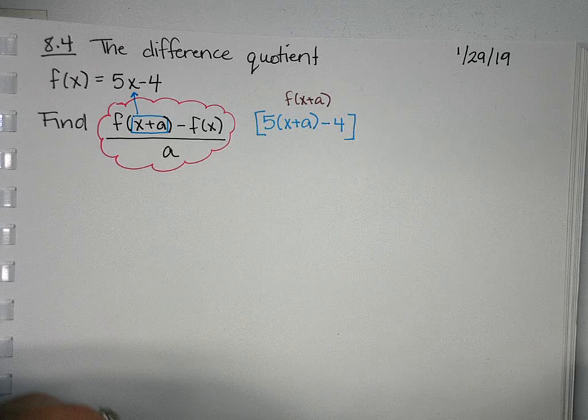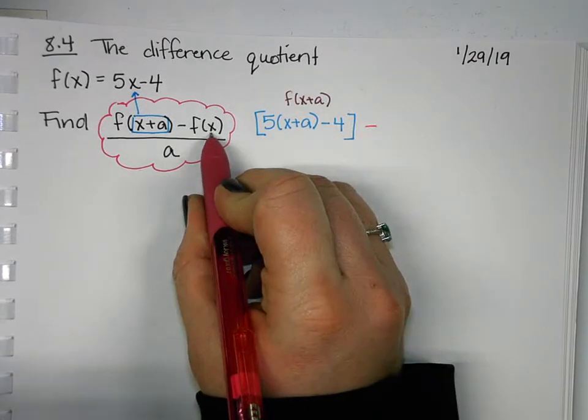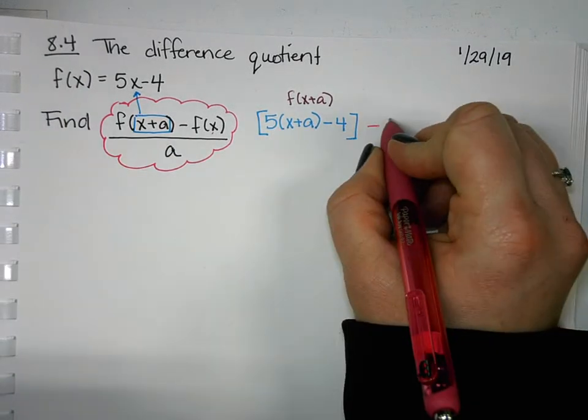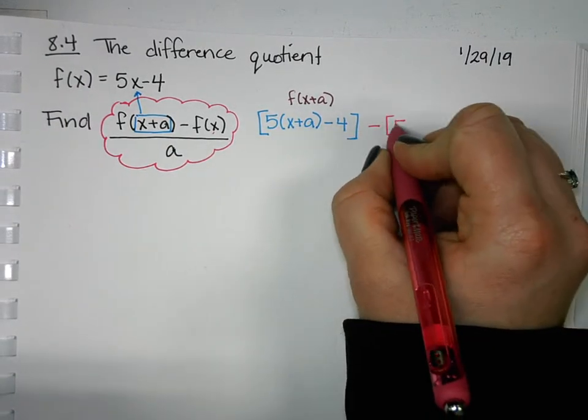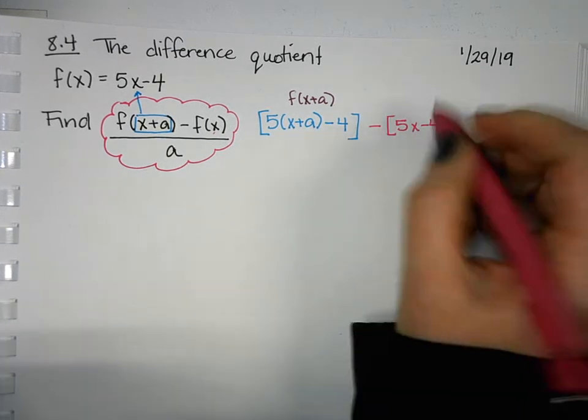Then we're going to have minus f of x. Well, f of x is just our equation. So we're going to have minus 5x minus 4. Oops, I did brackets.